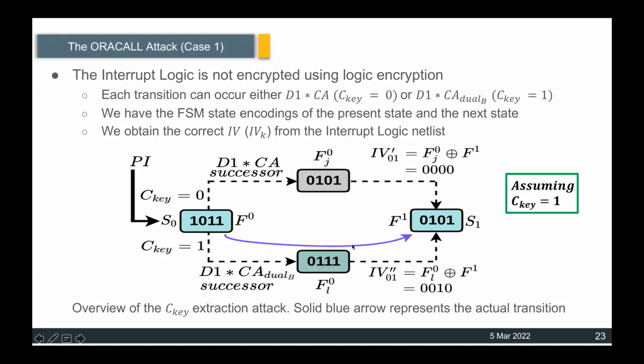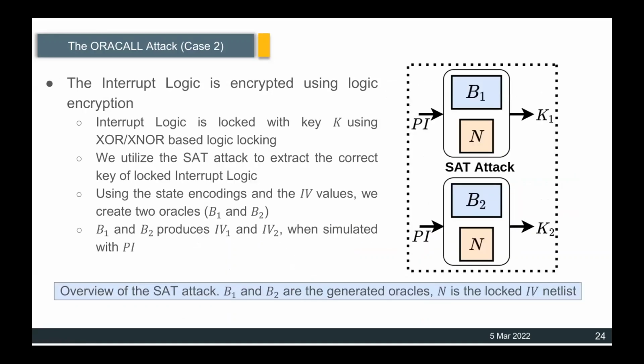For both of these cases, you obtain the IV values. You obtain the correct IV from the interrupt logic netlist and you check against one of them, and that gives you the guarantee of whether CK is equal to 0 or CK is equal to 1. In a more defensive strategy, you may have the interrupt logic encrypted, but that also can be circumvented.